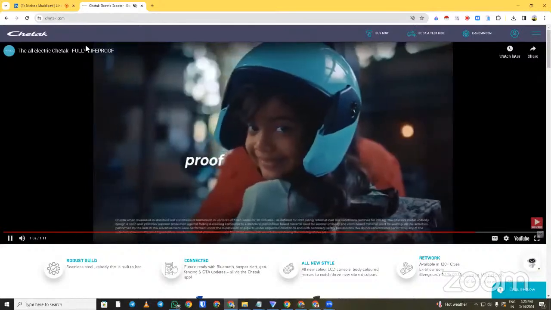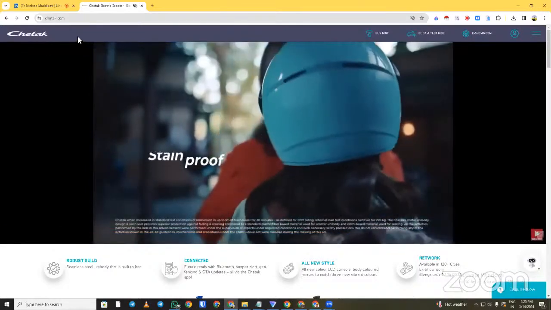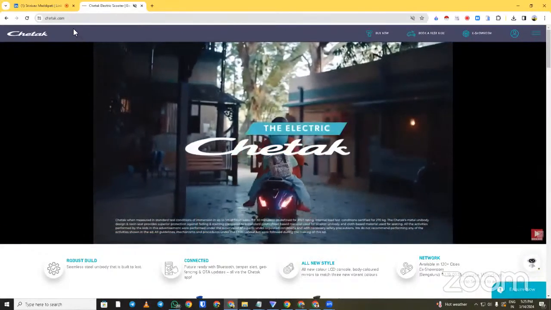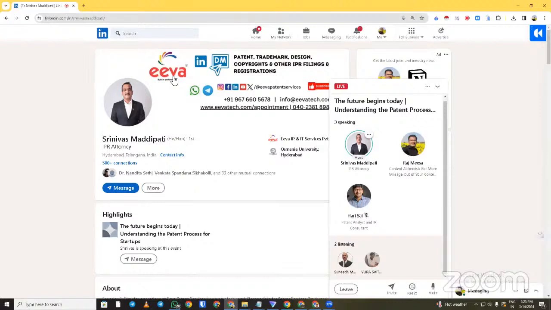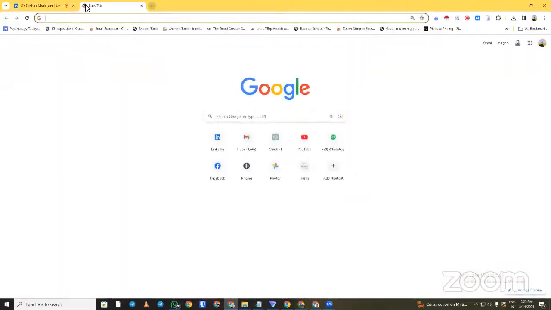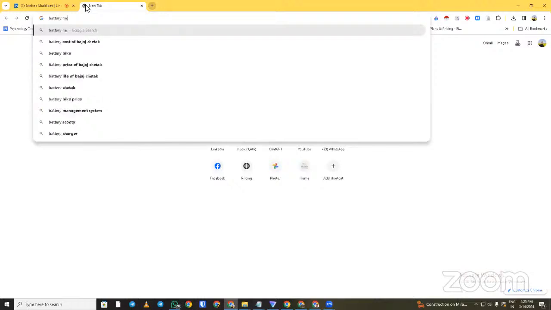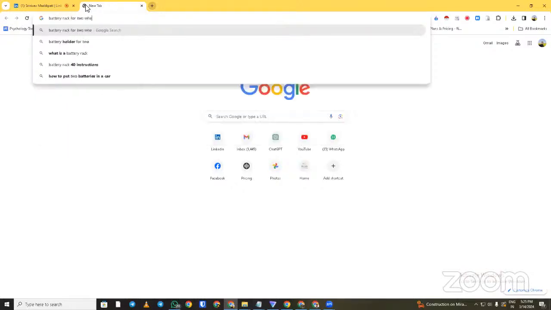And the technology they are sharing, like some startups. Yesterday we discussed a startup. I gave this rack example also. One startup tried making a product carrying an additional battery for powering the draining battery in the two-wheelers, in the EVs.